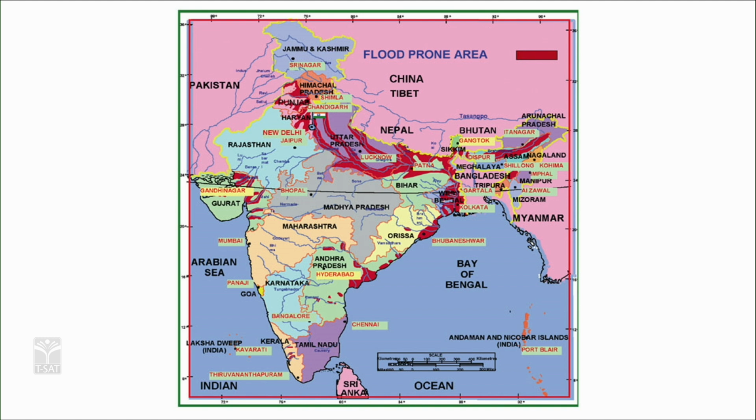For example, in this map, the red mark is demarcated in the Indo-Gangetic plain region by the Ganges river system. The Yamuna and the Ganges in the Gangetic plain region have more inundation because of flood. In Assam, the Brahmaputra basin has a region which is inundated.